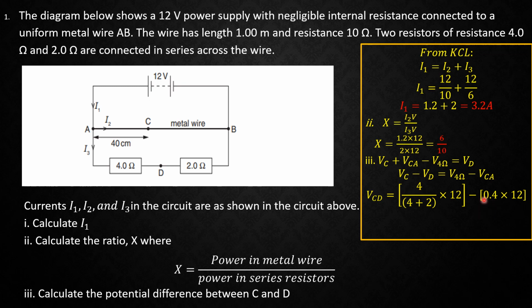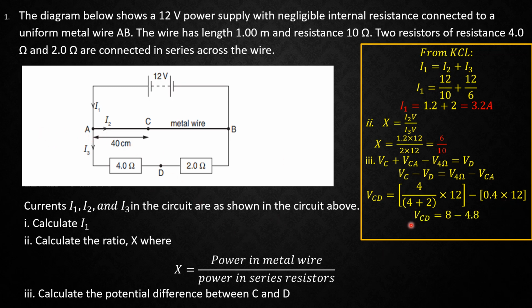Sorry, so we are going to get 0.4 here multiplied by 12, because remember that again, this is the complete voltage that is dropped across this wire, which is 12 volts, and again this length is just proportional to that. So we actually have this 0.4, and then we multiply with the total voltage that's dropped across the entire wire, which is good. So you now have the voltage that's dropped across this 40 centimeter portion.